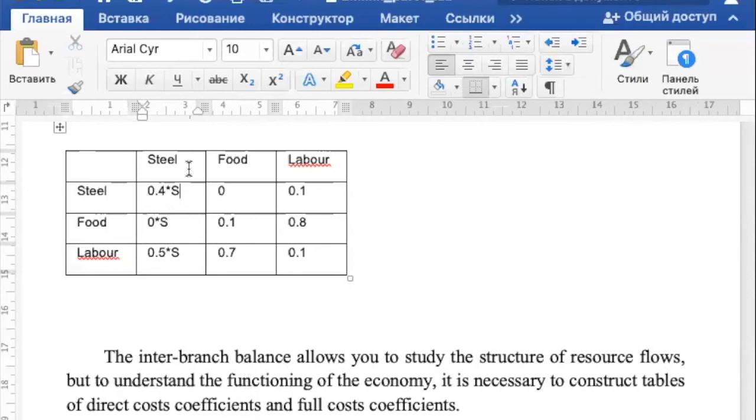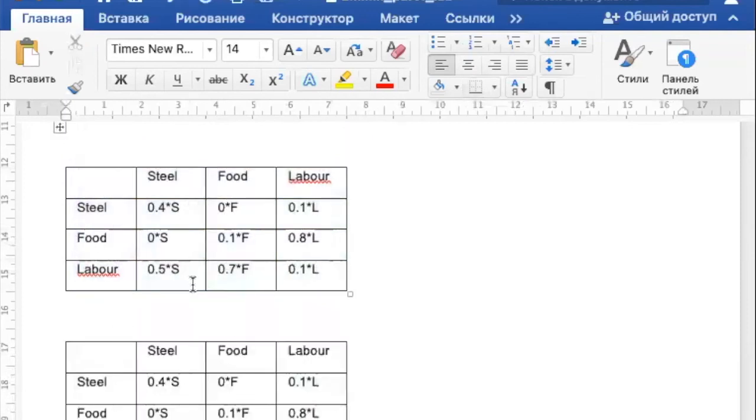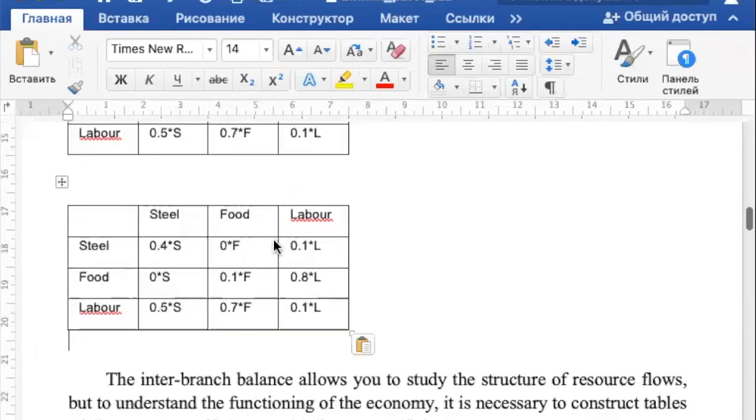In this matrix, you can see that our coefficients are 0.4, 0.5, 0, 0.1, etc. And we must multiply them by the outputs of, for example, steel, which we denote by S, food, which we denote by F, and labor, which we denote by L. In other words, we must multiply by the amount of products which each kind of industry must produce, using information about the proportion of products from other industries which we need to use if we want to produce one new unit of our product.